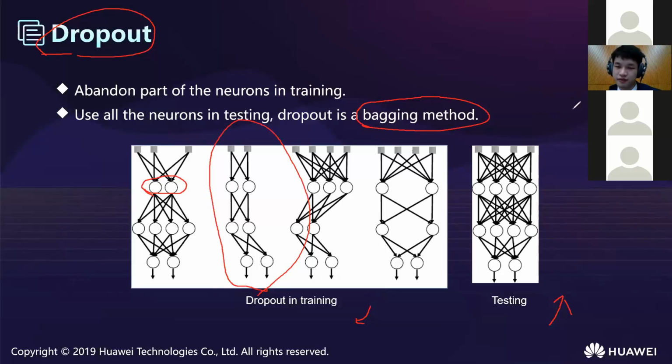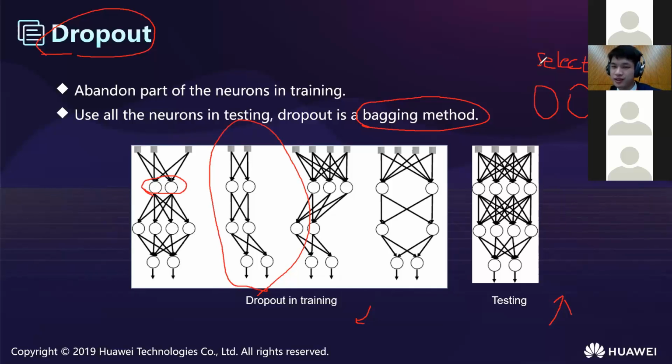Just like the random forest, we will build a lot of decision trees, and we select part of the features in the data sets and select part of the data in the data sets.